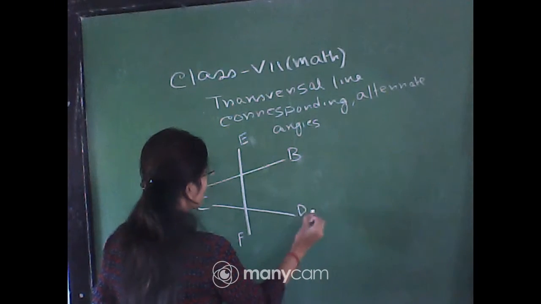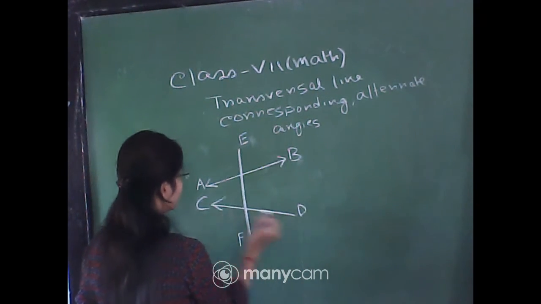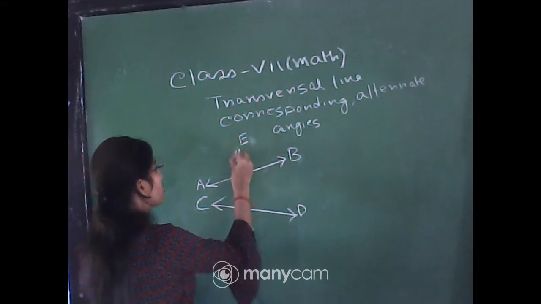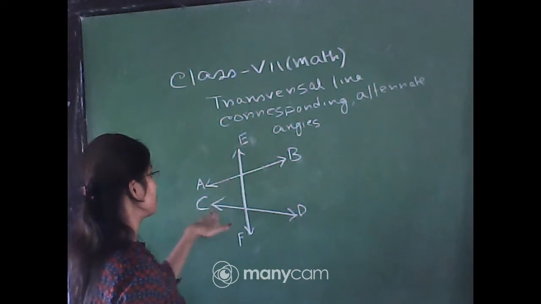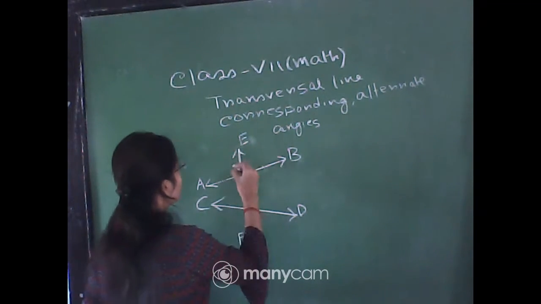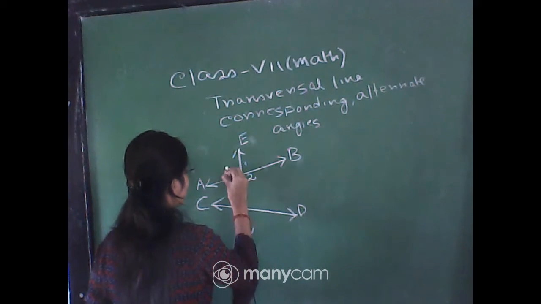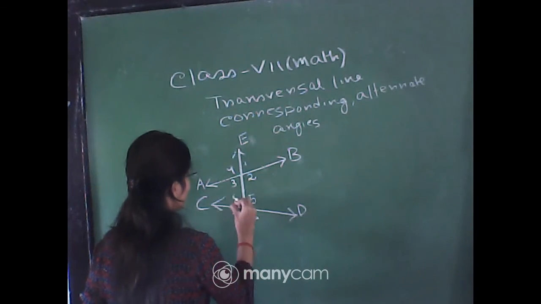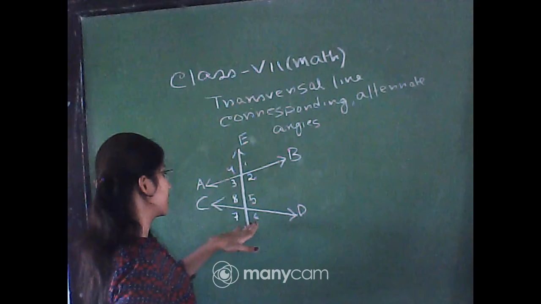Here AB and CD are two non-parallel lines and EF is the transversal line because it intersects the lines AB and CD at distinct points, and we get 8 angles. Isn't it? We get 8 angles.